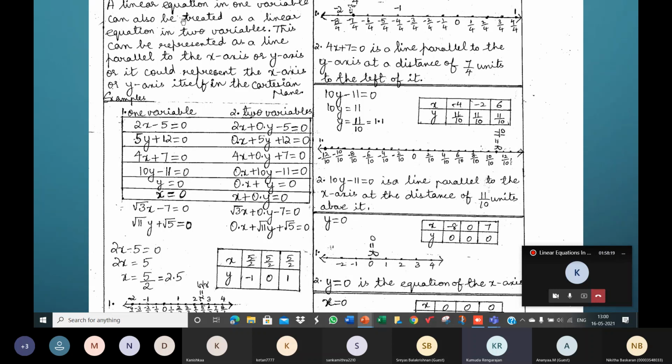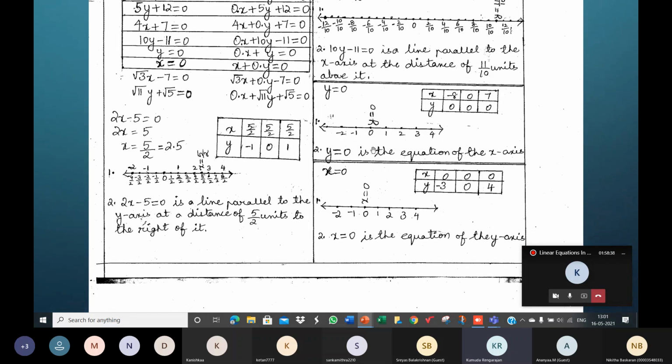When you treat it as a linear equation in one variable, it can also be treated as a linear equation in two variables. When you treat it as a linear equation in two variables, it can be represented as a line parallel to the x-axis or parallel to the y-axis, or it could represent the x-axis or the y-axis itself. That we are still to see in the last two examples.